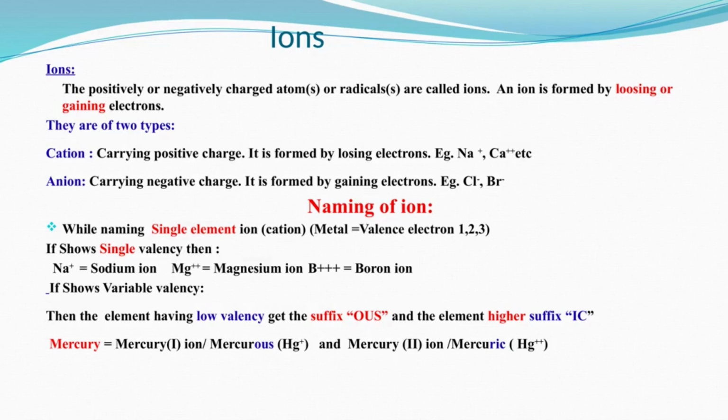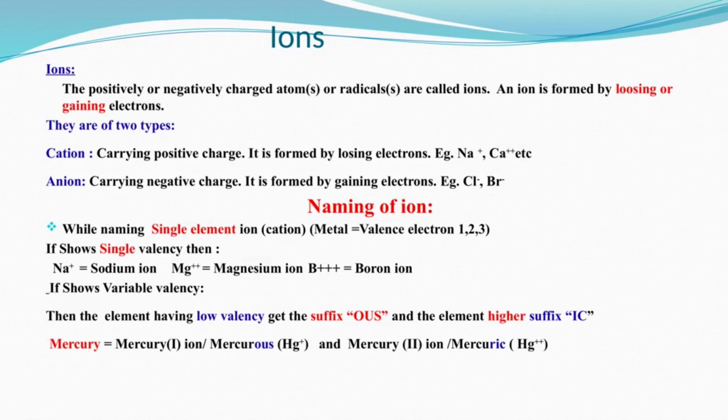So this is about ions and their types: a cation and an anion are the two types. Cation means positive, anion means negative. Okay. Now, sometimes we need to know how to name the ions or the radicals. So, first, how to name an ion. Look at this.